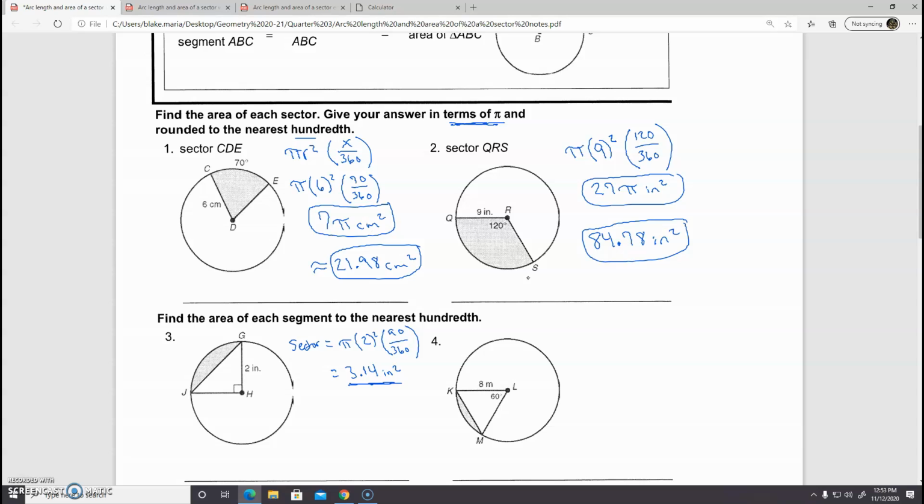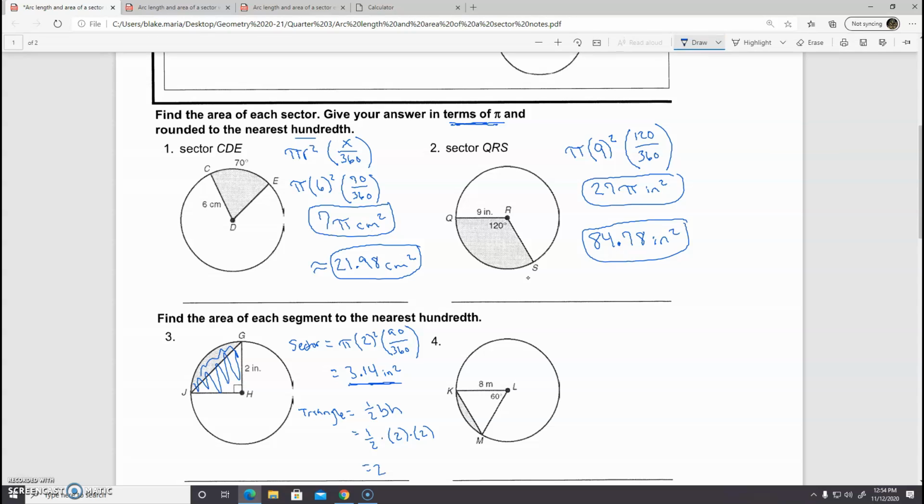That means that's all of this. That's everything. Well, we don't want everything. We don't need this triangle here, so we're going to subtract it out. Let's find area of that triangle. Remember, area of a triangle is 1/2 base times height. So we have 1/2. My base and my height are both the radius of the circle. So this is 2, this is 2. So times 2 times 2. 2 times 2 is 4.